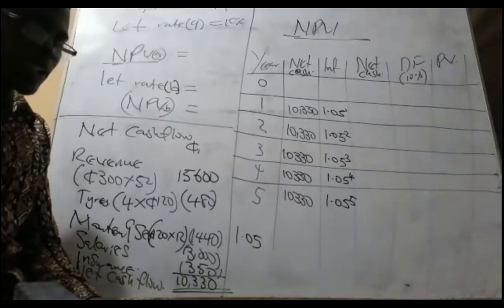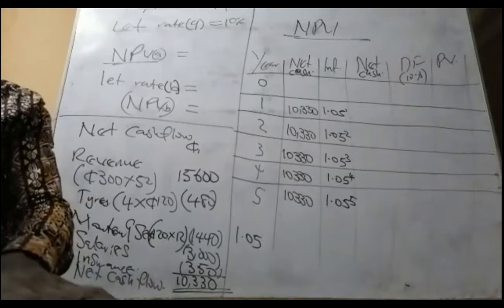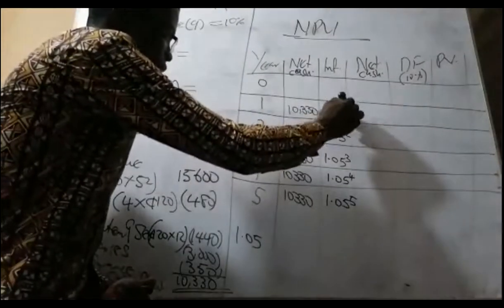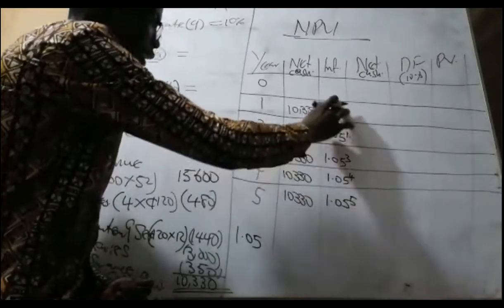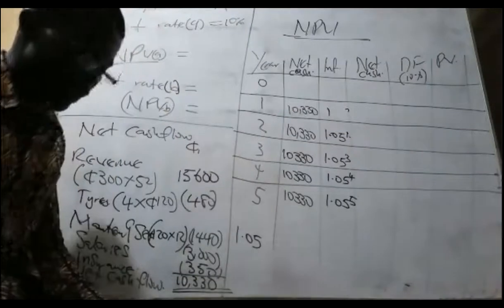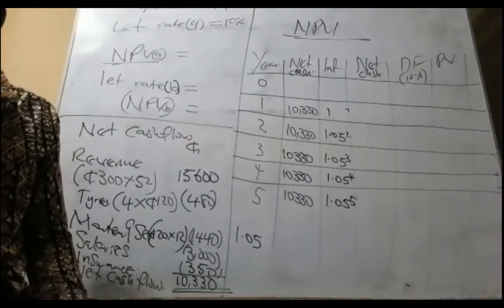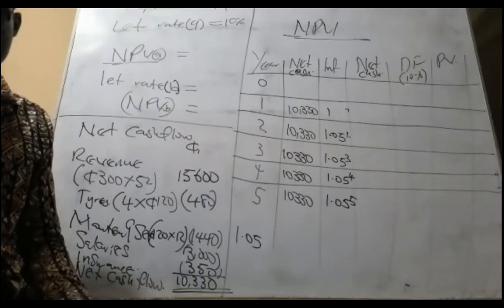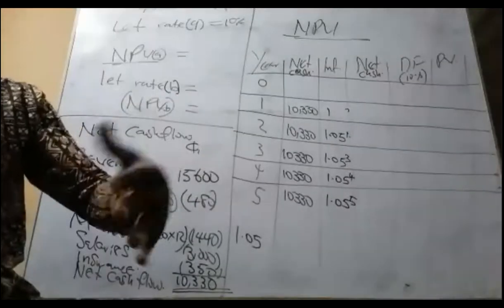But if the inflation is starting from year 2, then here will be 0, then 1 in that order. So here will be automatically 1, no inflation for year 1. In that instance, the examiner will inform you. He will tell you that the cash flow for year 1 is this, and thereafter it will increase by 5%.